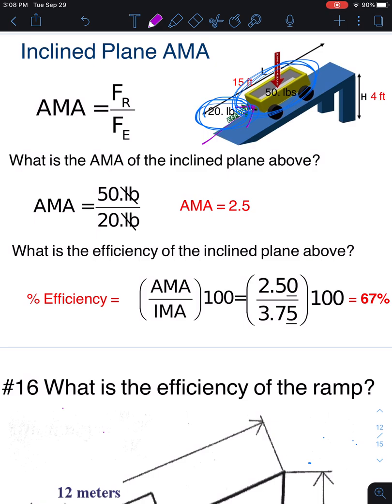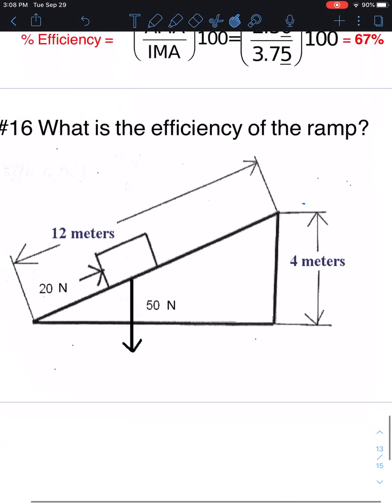In this case, your load is 50 pounds and your effort is 20 pounds. So 50 divided by 20 is 2.5. Efficiency is AMA divided by IMA, in this case 2.5 divided by 3.75. Always turn it to a percent, so you multiply it by 100 and you get 0.67.